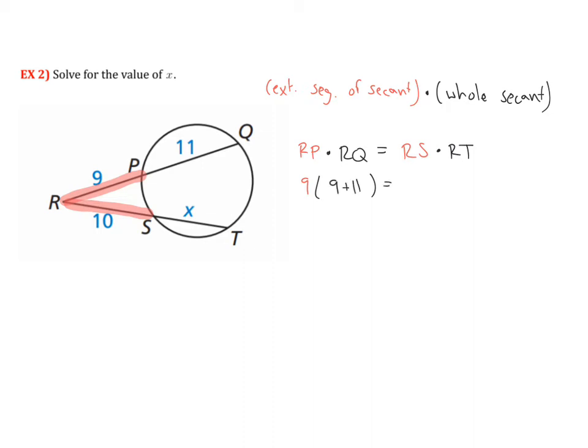And this is going to be equal to RS, which is 10. And for RT, I need to do something very similar. If I want the whole length of RT, then I need to take RS, which is 10, and add it together with ST, which is X.